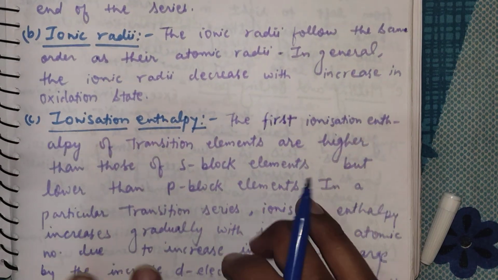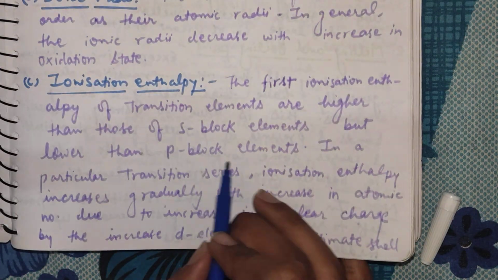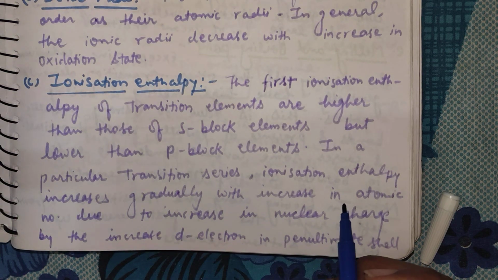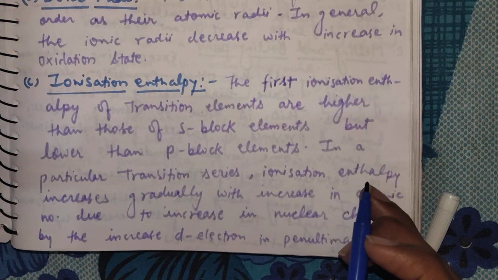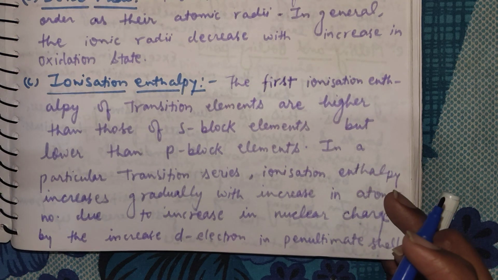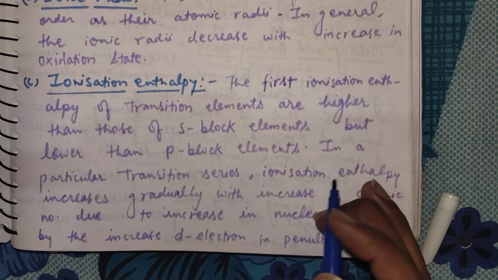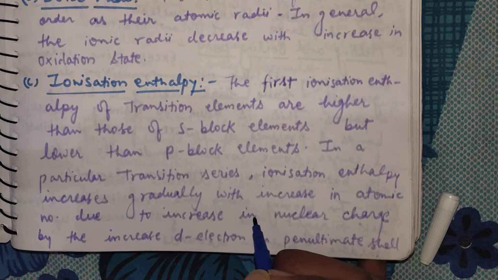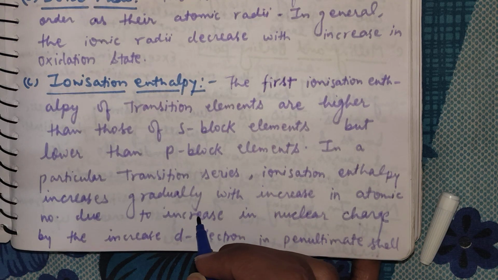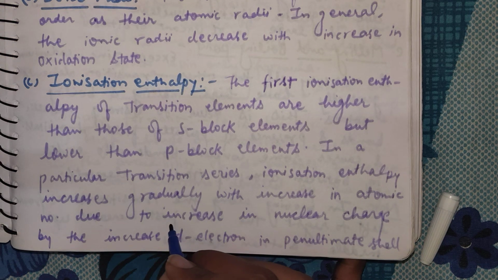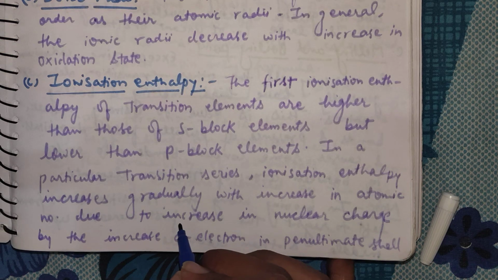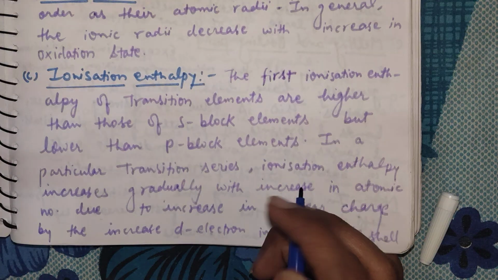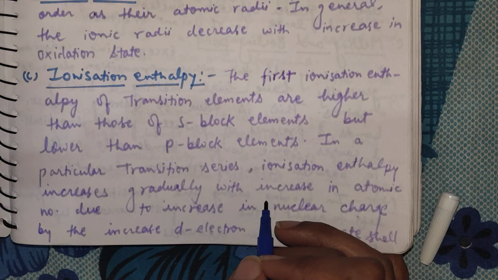In such a way we can study that in a particular transition series, ionization enthalpy increases gradually with increase in atomic number. Means ionization enthalpy increases step by step, very slowly, with increase in atomic number due to increase in nuclear charge. As nuclear charge increases, its ionization enthalpy increases slowly.